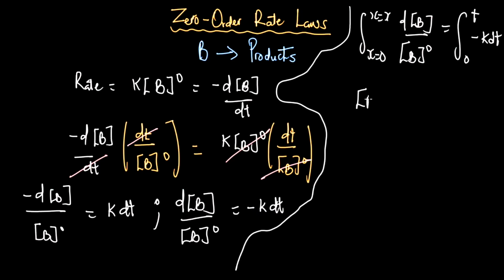When we integrate dB, we have B, and on the right we have minus k t between t and 0.